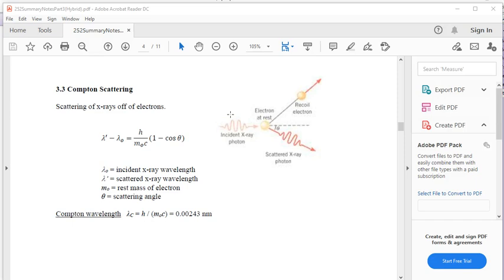So the story goes that he had a bunch of these emulsion plates sitting in his lab, and he was using cathode rays and had some sort of stop, like big sheets of metal to stop the cathode rays. And it turns out that I guess he had some plates near that piece of metal. And so when he went to develop them after using them for an experiment, all of these plates were already exposed. They were just completely overexposed.